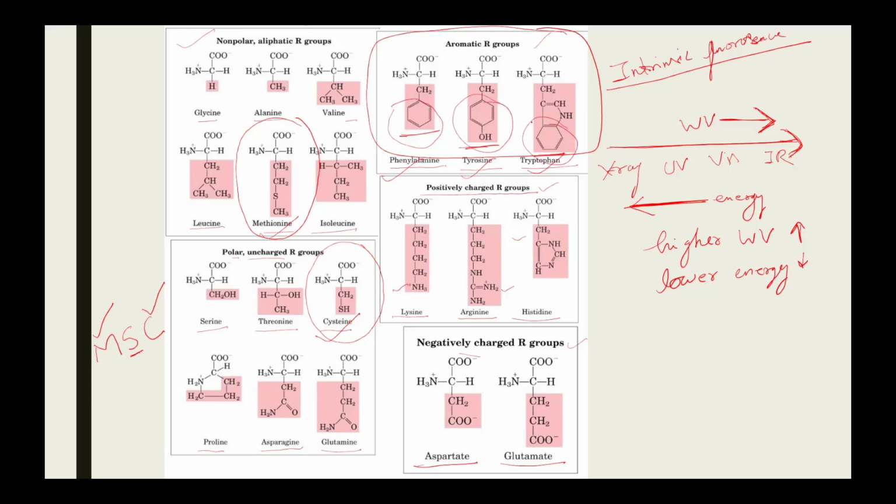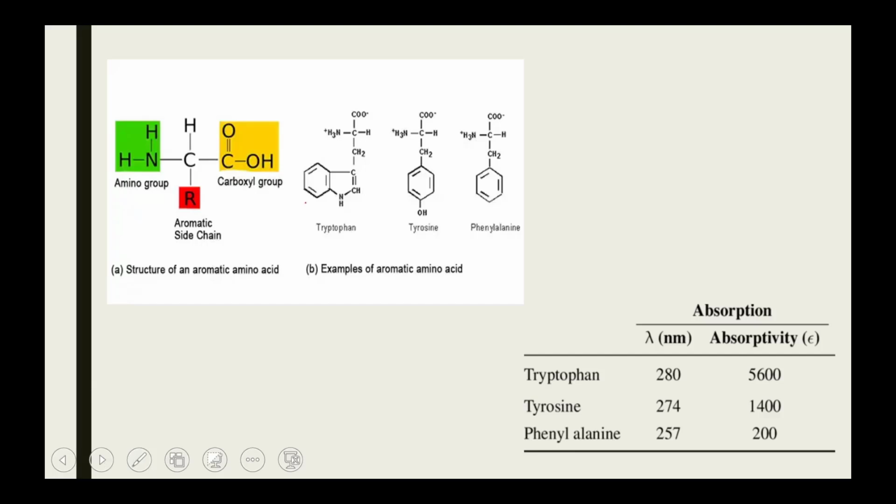Here the electrons are delocalized. Because of the delocalization, the electrons in these rings are always moving. That's why we have the structure of benzene like this, because the pi electrons keep moving, and that's called delocalization of electrons.